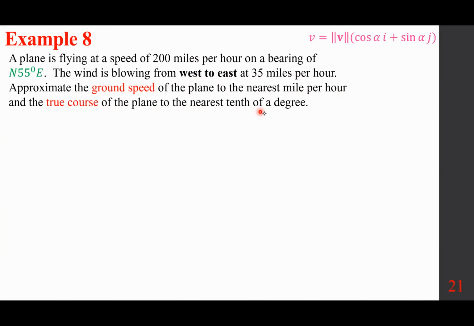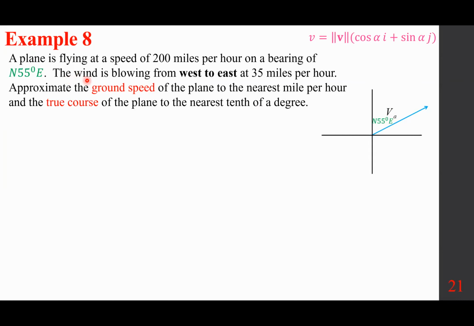So let's draw a setting to see what's going on. The plane is flying 200 miles per hour in this direction, north 55 degrees east. So that's the first part.